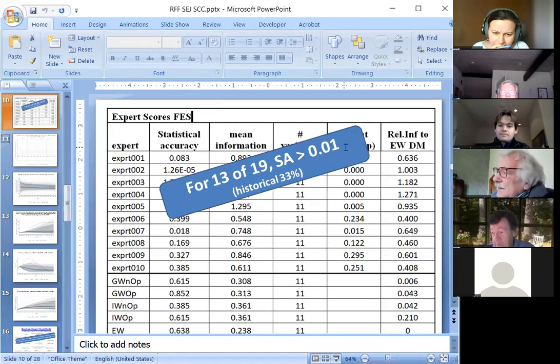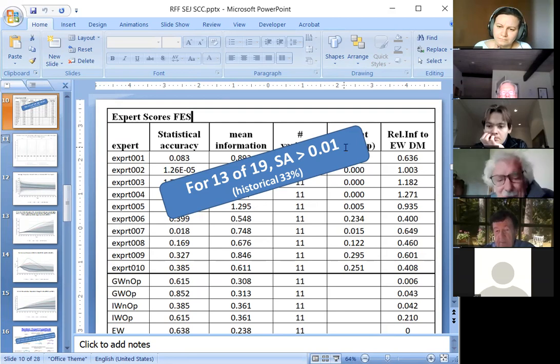If we look at the whole data set that we have collected over all these years, about 33% of the experts score above 0.01. So here it's much, much higher. And one of the results is that there isn't a hell of a lot of difference between performance weighting and equal weighting. And among the performance weighting, this here, for example, is global weight with optimization.